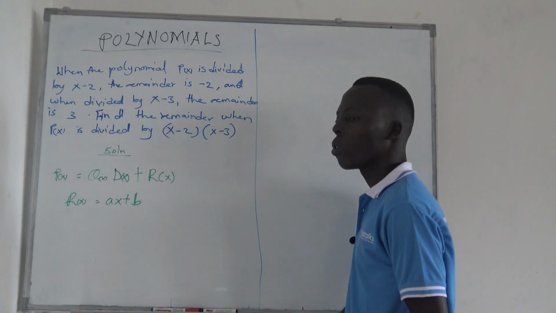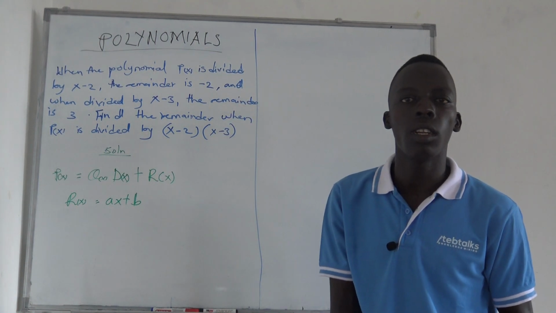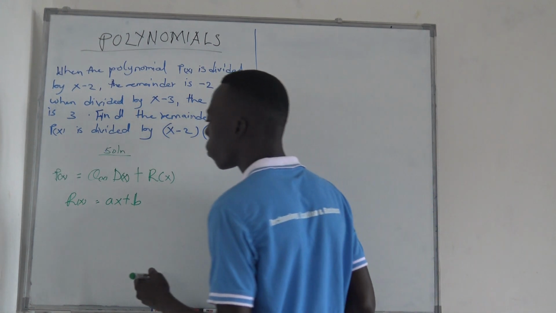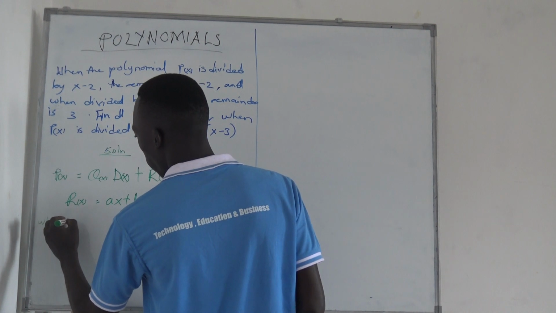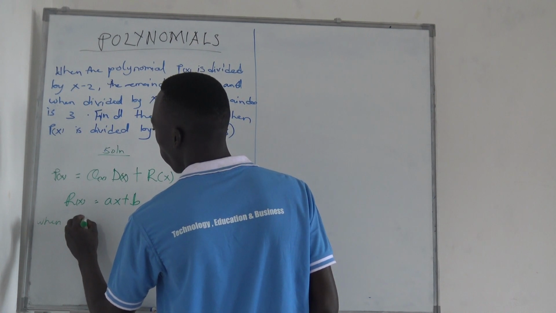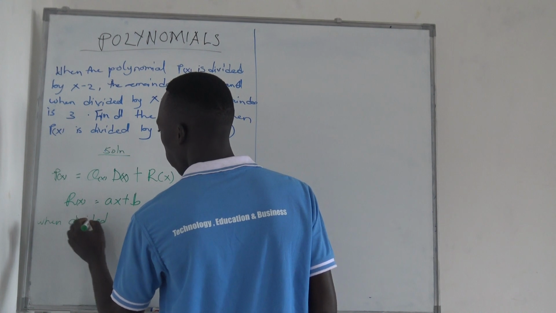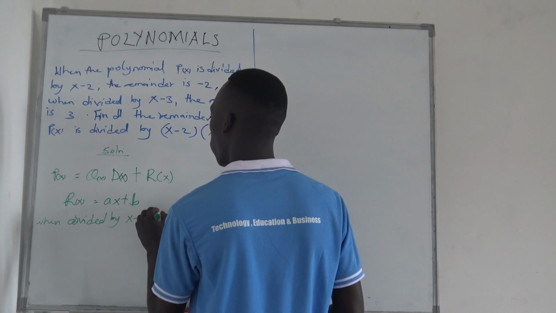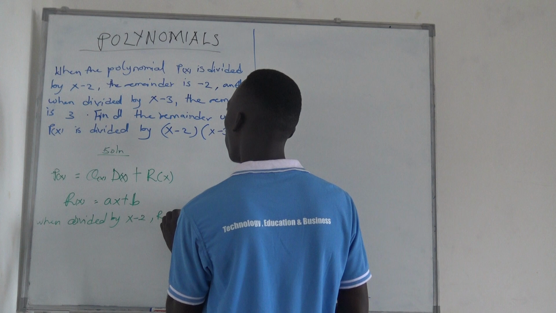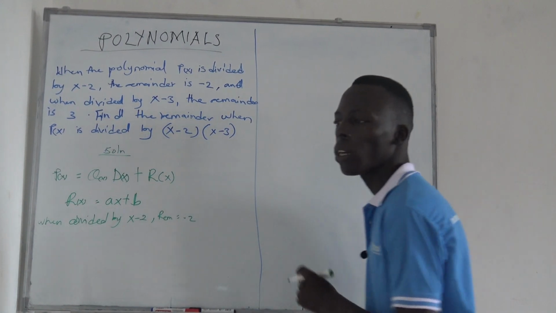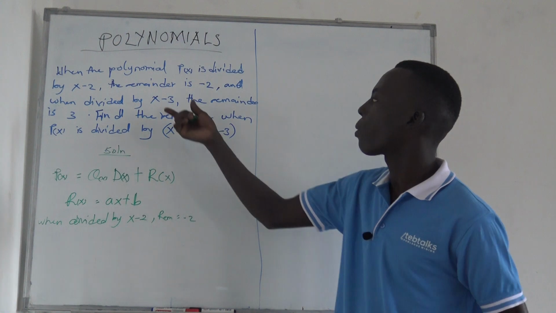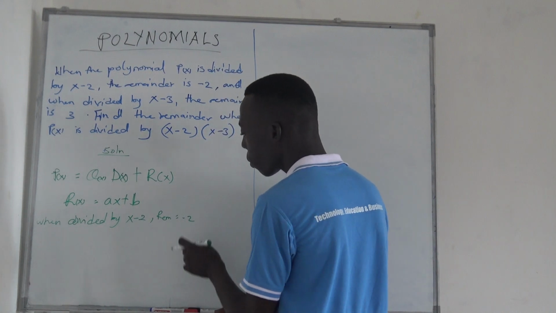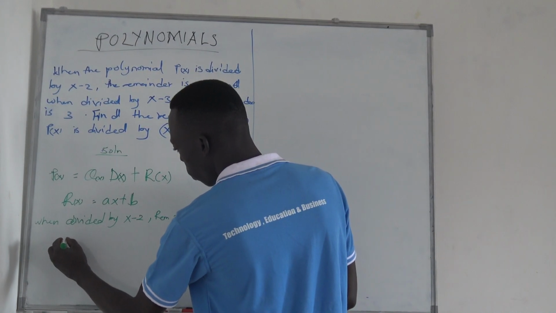So we say when divided by x minus 2, the remainder is negative 2. We substitute the remainder, which is negative 2.